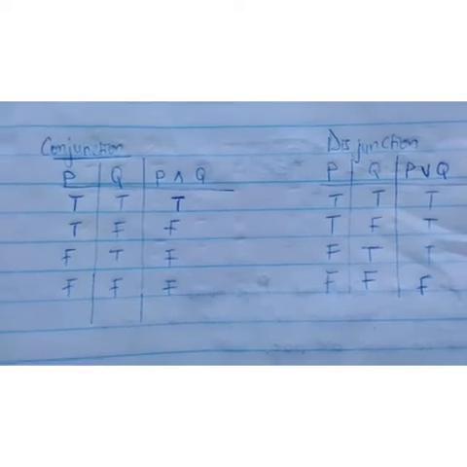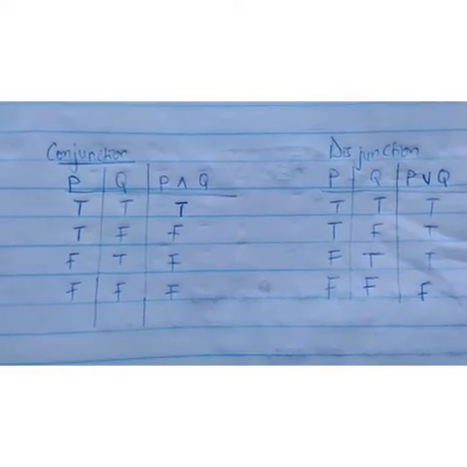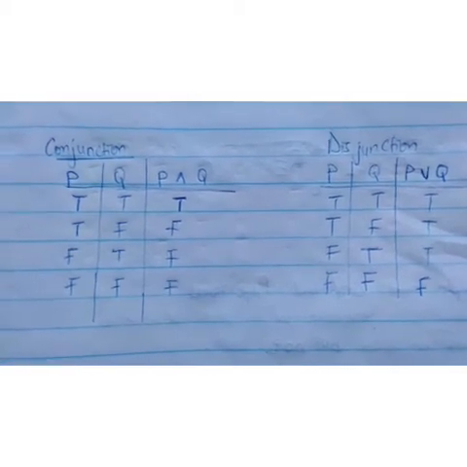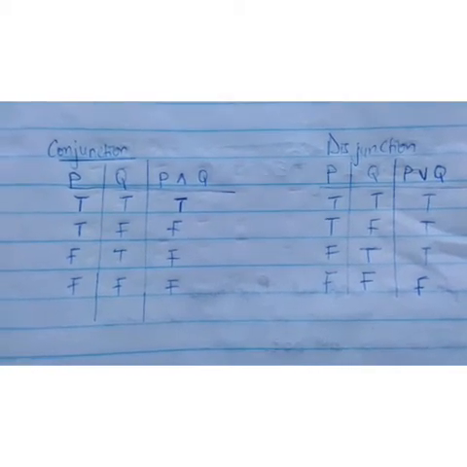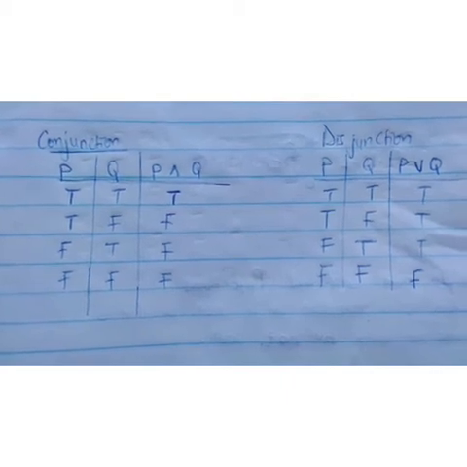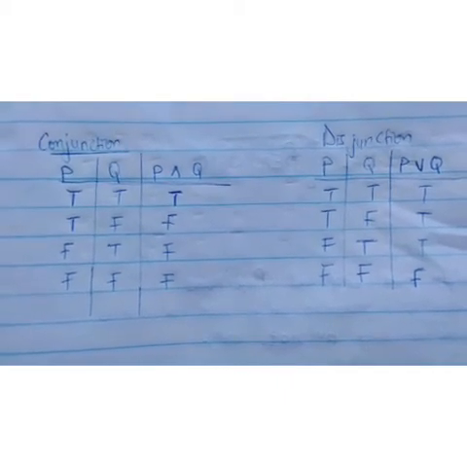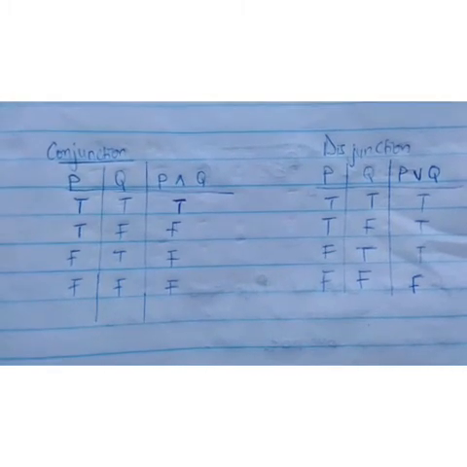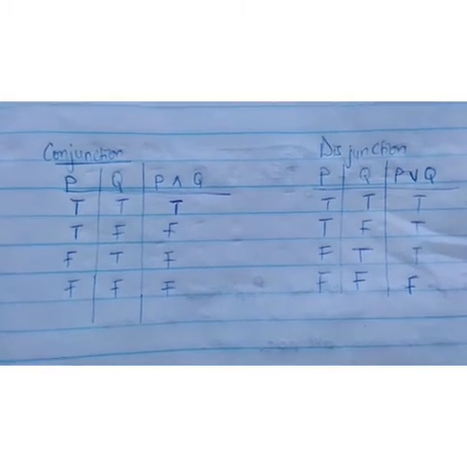Okay, so in a truth table, there are constant representations for your P and your Q, where your P is always TTFF and your Q is always TFTF. So if we continue in this series, you'll see us using this constant representation most times.